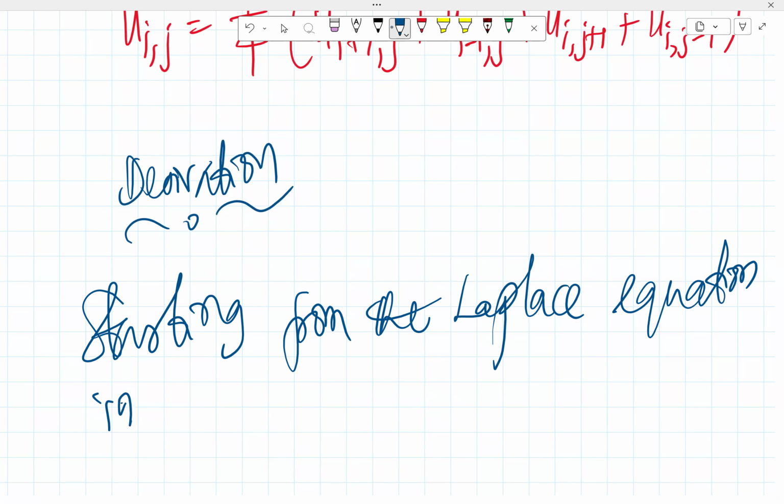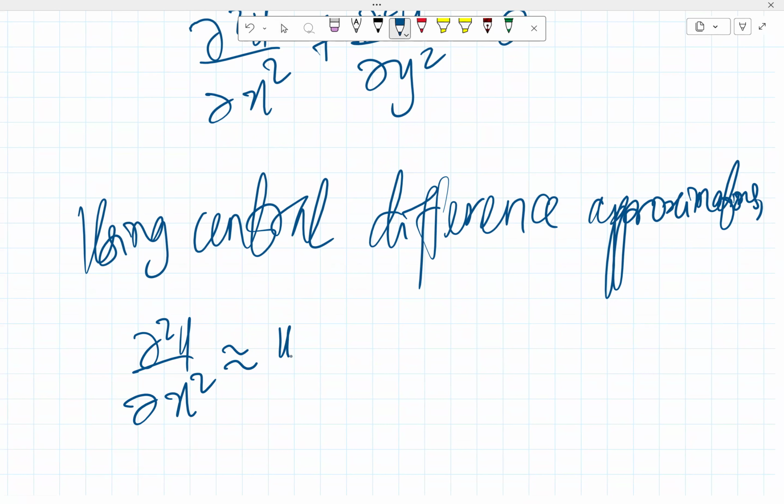So using central difference approximations, we have partial squared u, partial x squared approximately u i+1,j minus 2u i,j plus u i-1,j all over h squared.